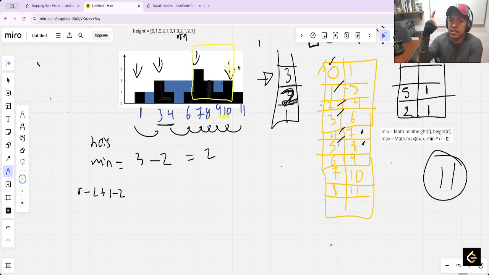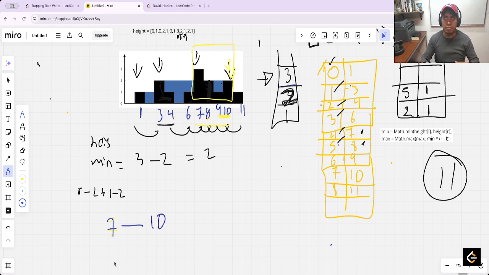And now it is the right side versus the max, or the peak element in the stack, that is 3, because it's the higher. In this case, basically apply a for each over the elements between 7 and 10.